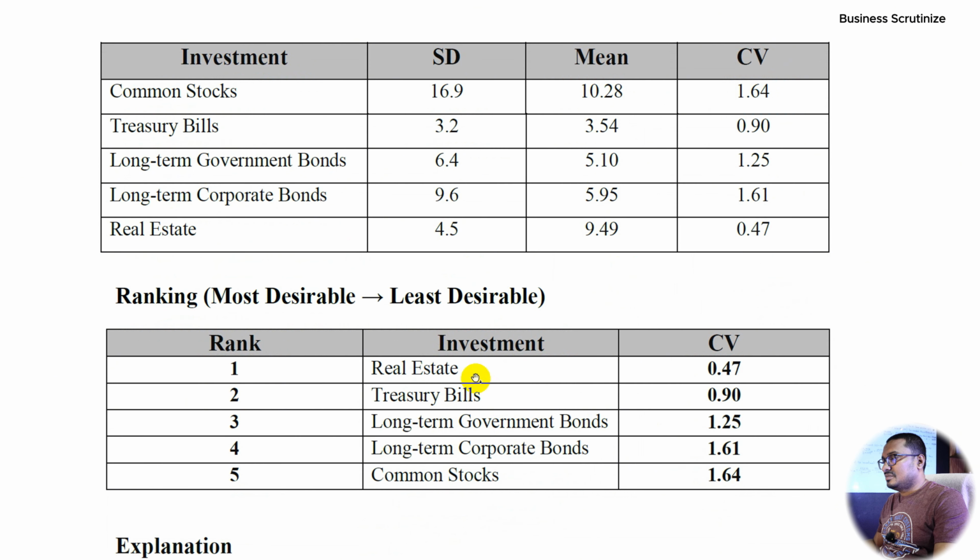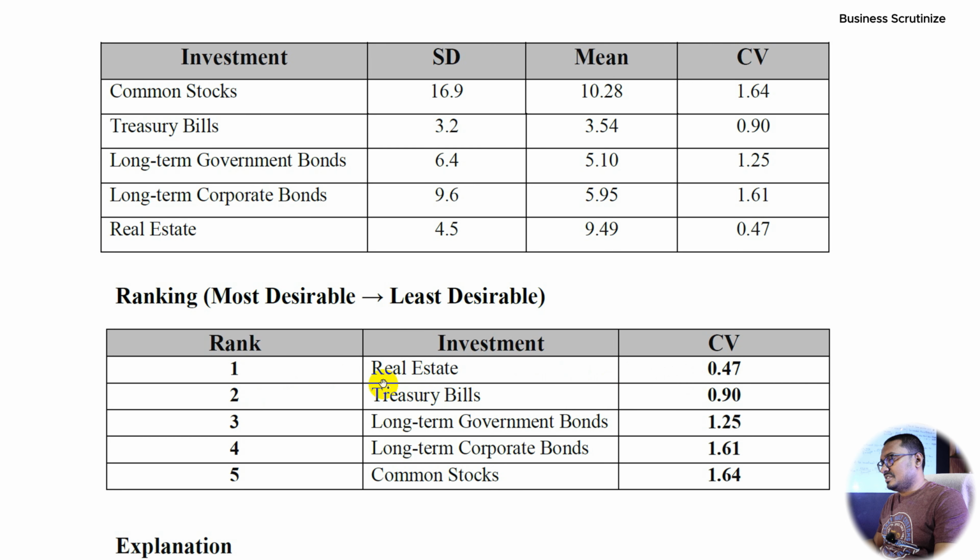that real estate has the lowest CV, which is most desirable for making an investment decision, and we rank it 1. It is 0.47, because the lower the CV, the more desirable for the investor, because CV indicates the risk.